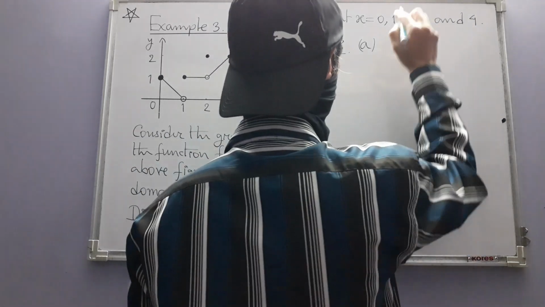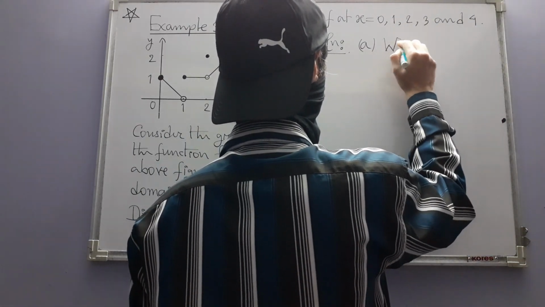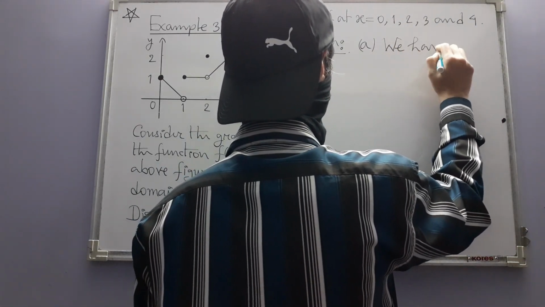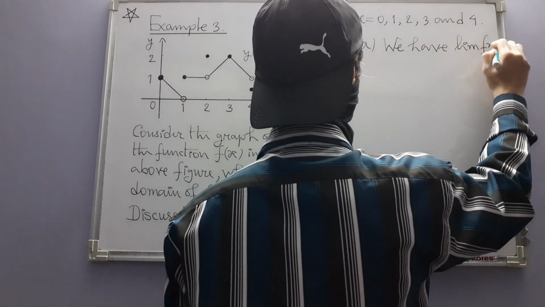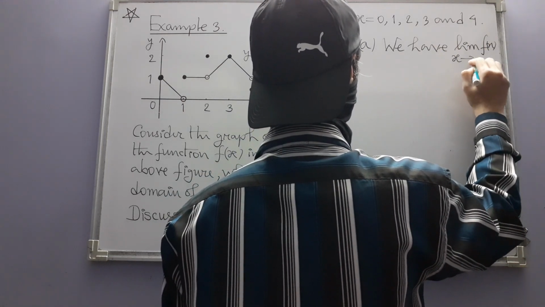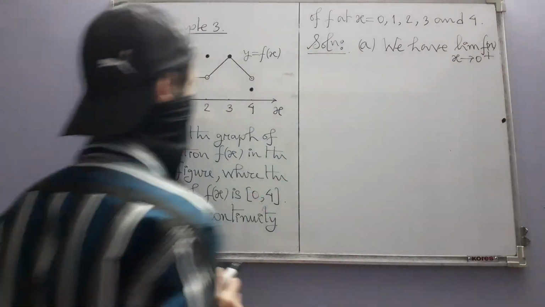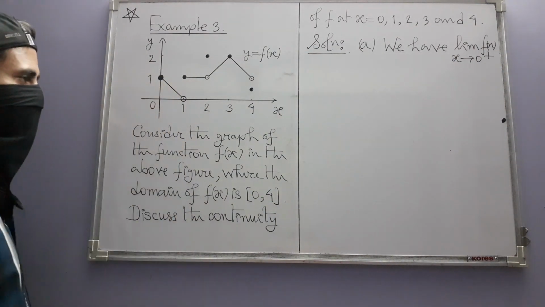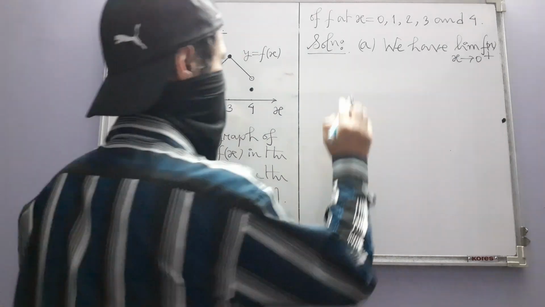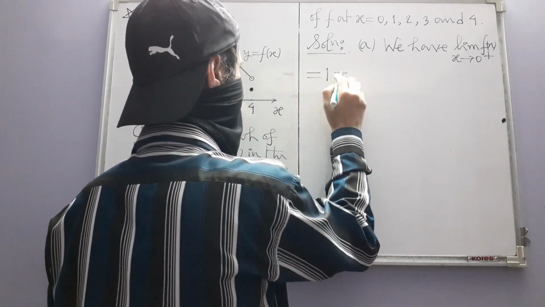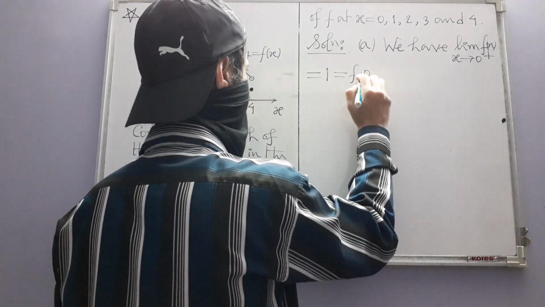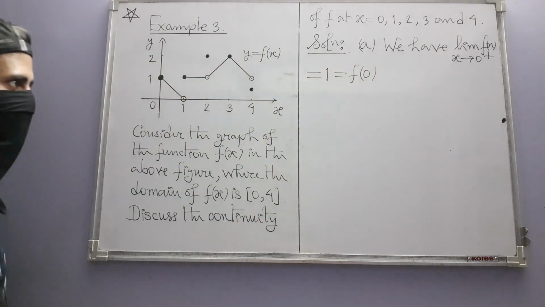And what is the right limit at 0? The right limit at 0, of course, is 1. But that also turns out to be the value of the function at 0.